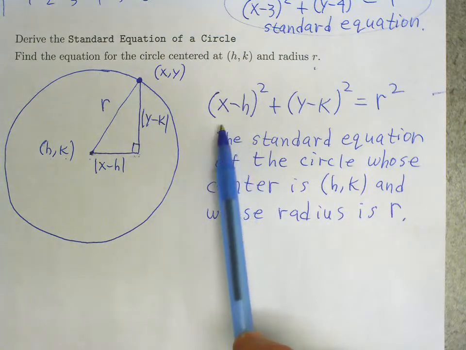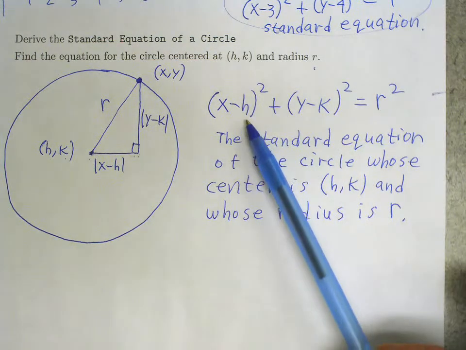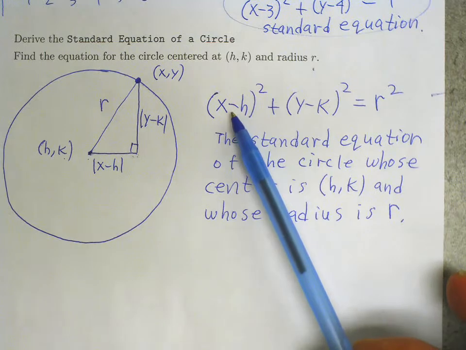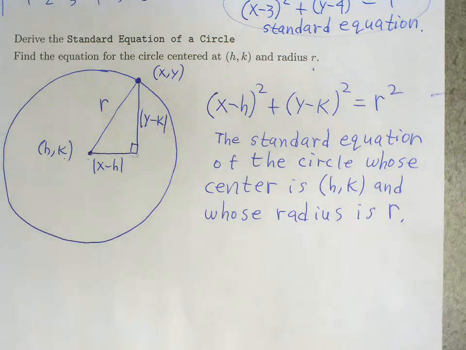Remember what you get when you square a binomial? The answer is a perfect square trinomial. So that is what is behind writing an equation of a circle that's not in standard form into standard form. It involves creating perfect square trinomials, or another way to describe it is that it involves completing the square.